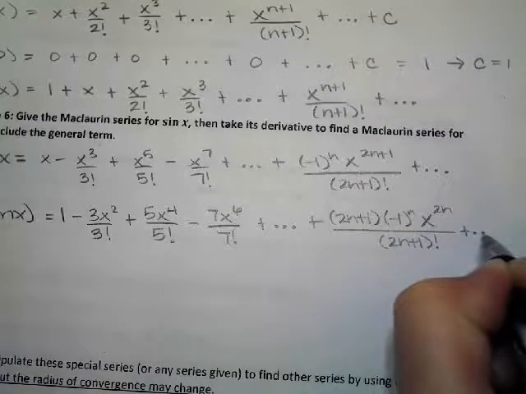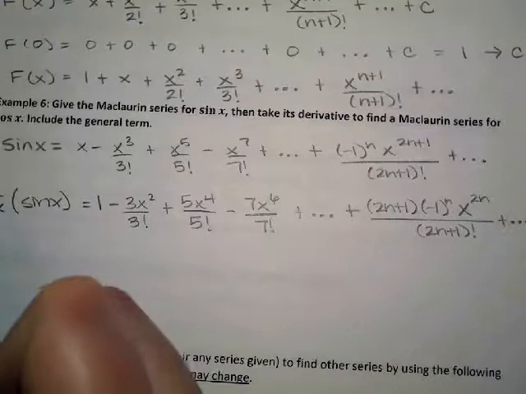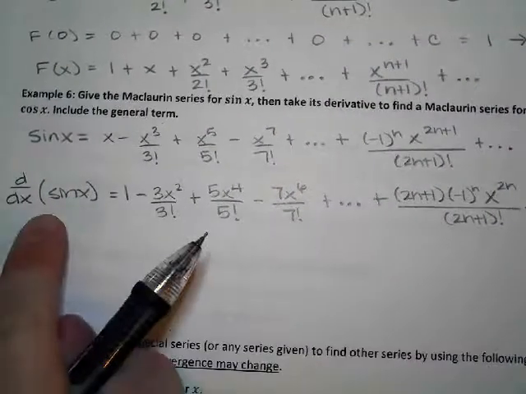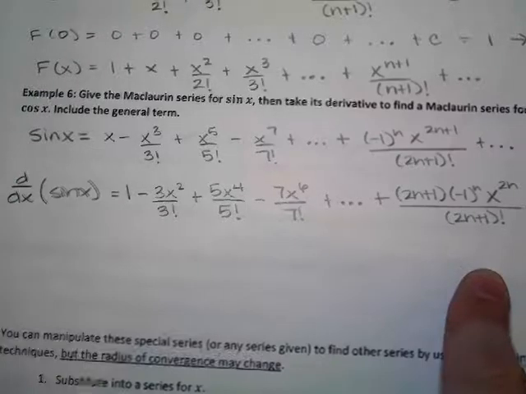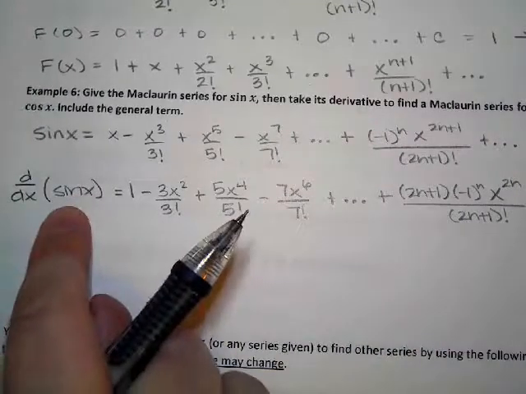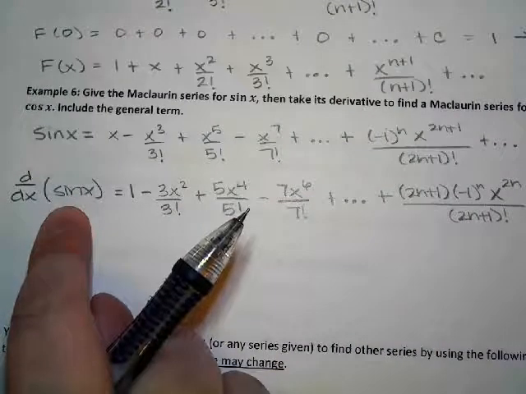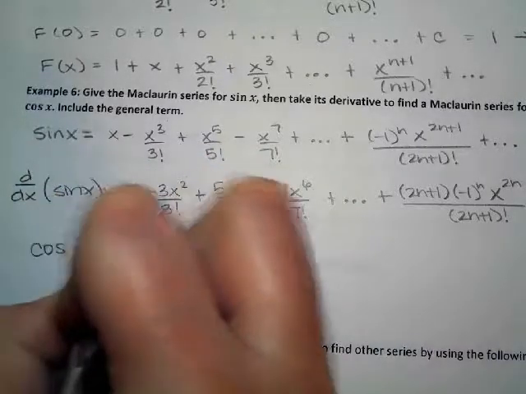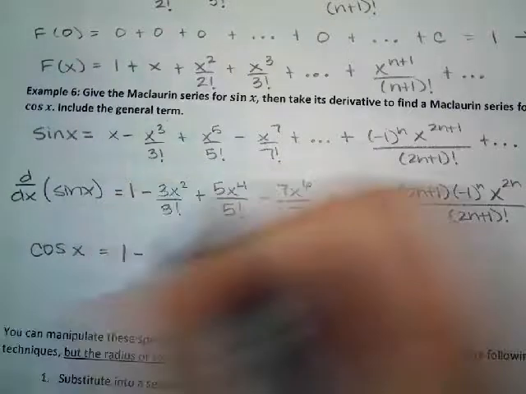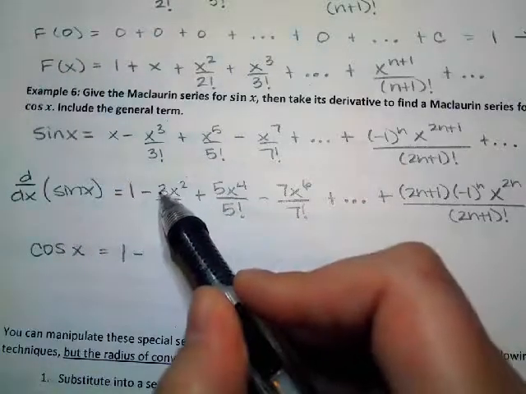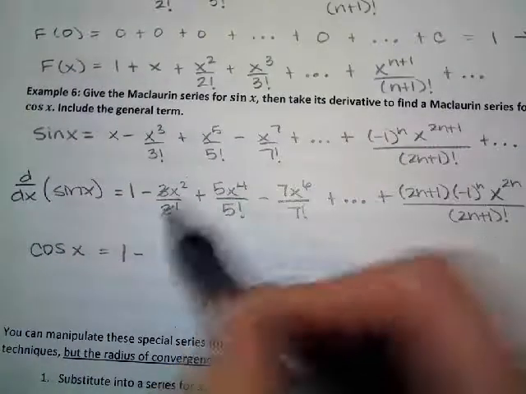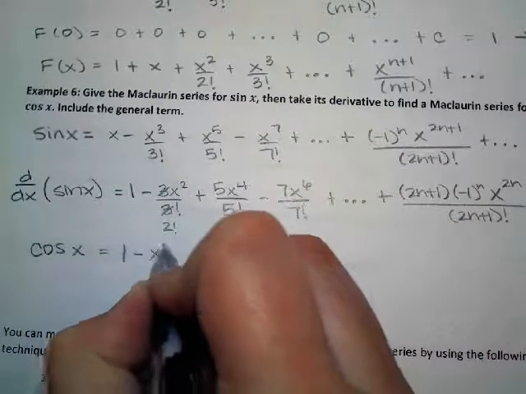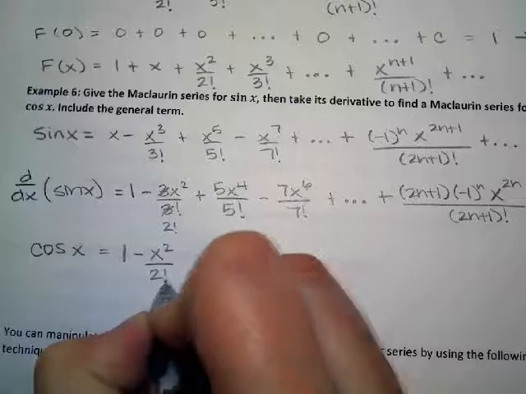So now we just have to clean all of this up. What is the derivative of sine? Cos. Okay, it's cos. So we got 1. Here we're going to cancel a 3 with a 3, which leaves a 2 factorial behind. So we have x squared over 2 factorial. Cancel a 5 with a 5, which leaves a 4 factorial behind.